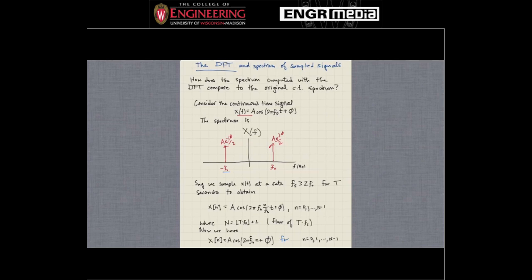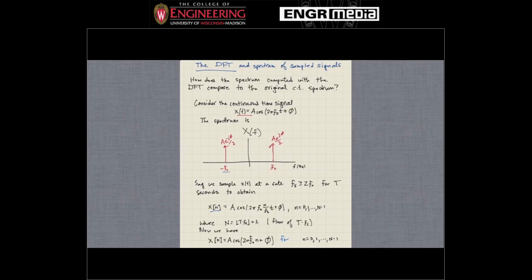So let's imagine we have this continuous time signal, and we decide we're going to sample it at a sampling rate, fs, that's greater than twice the maximum frequency component, which is just the frequency of the sinusoid. And we're going to do that for capital T seconds. Then we obtain the following discrete time signal: x of n equals, again, this amplitude times cosine 2 pi f naught n over fs plus phi.